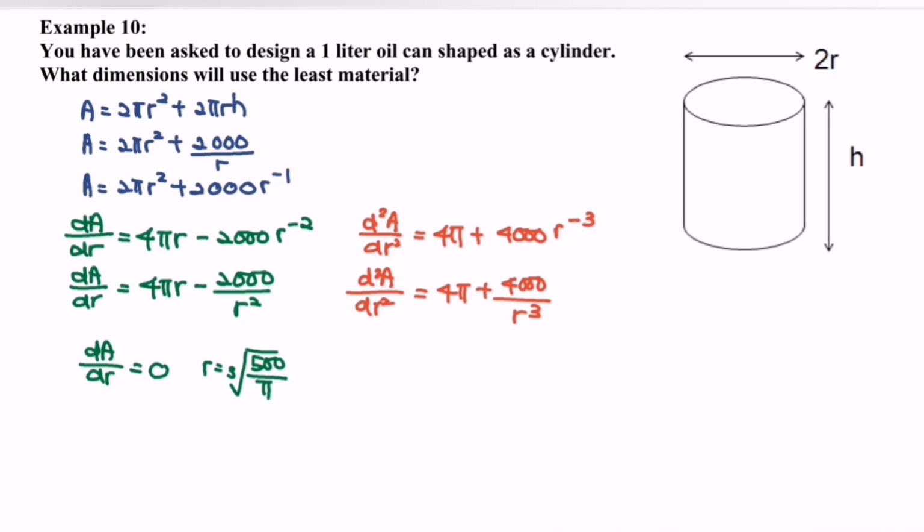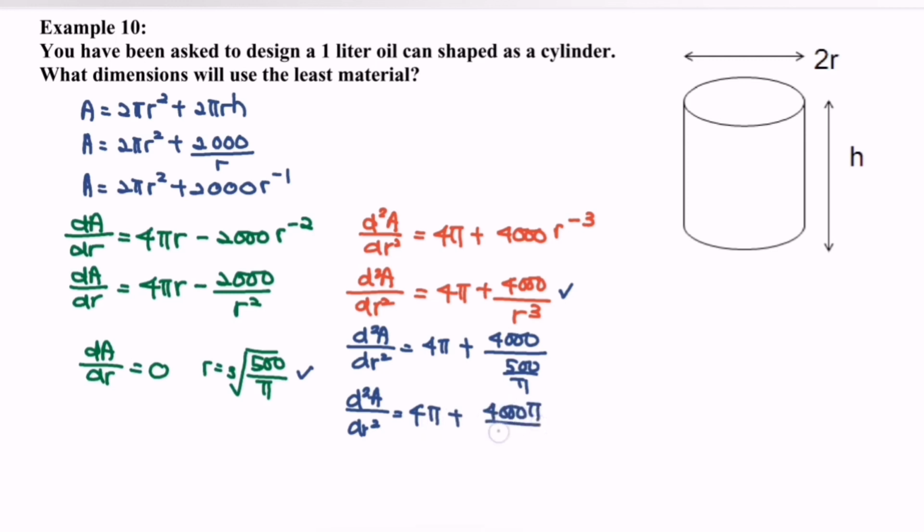Step number 4, verify the solution by using the second derivative test, meaning substitute the r into the second derivative. So we will have the second derivative equals 4 pi plus 4000 over r cubed. So in here we will have r cubed equal to 500 over pi. If we simplify and rearrange, we will have the second derivative equals 4 pi plus 4000 pi over 500.